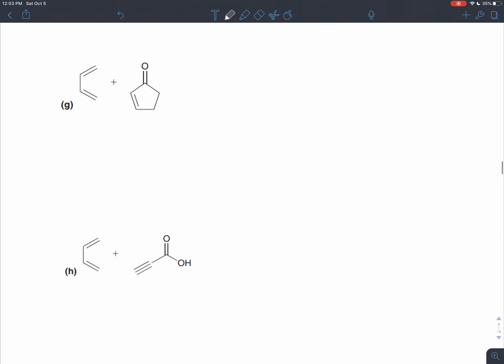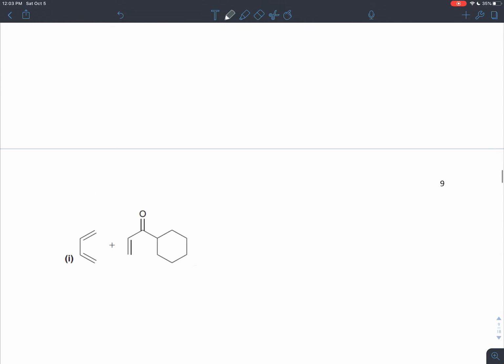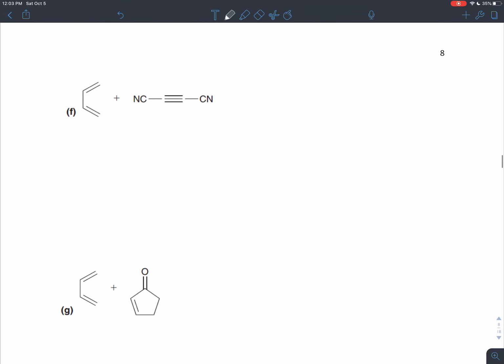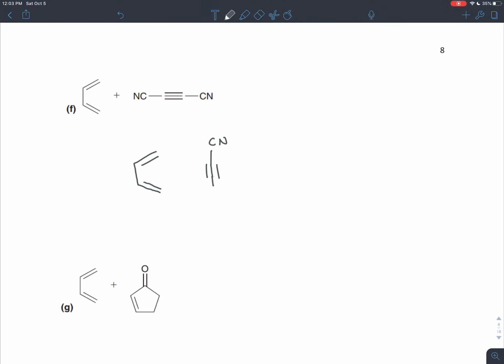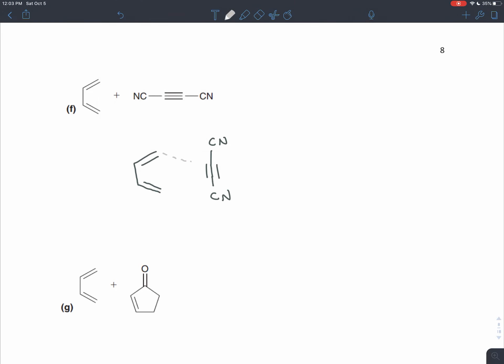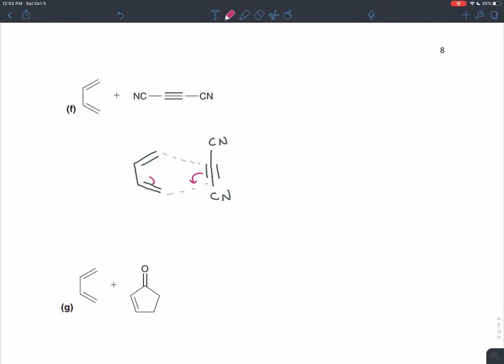Okay, so then F. We've gone through these, there's a lot of these practice problems, we've gone through them really meticulously so far, so let's try to do them a little bit faster. So I'm just going to draw them first, how they are, but I'm going to draw them so that they line up nicely. And I'm going to draw that dotted line between the ends. I'm going to draw those electrons moving over.